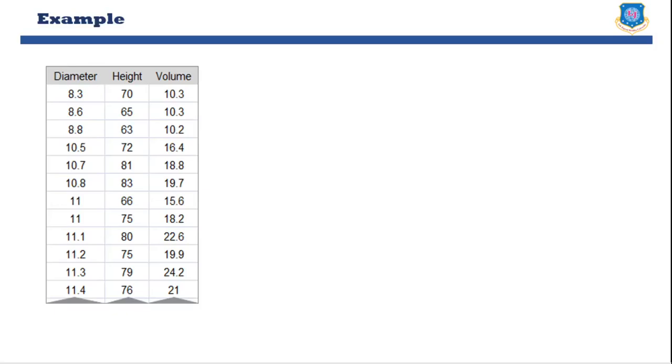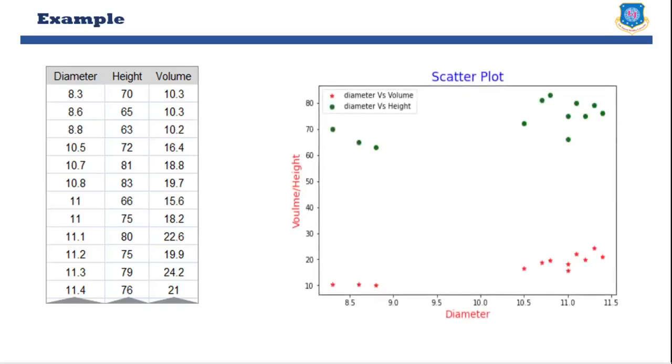And these all three variables are dependent on each other, and I can make 100 records for three columns, diameter, height, and volume, and with the help of that I can draw a scatter plot that looks like this. You can see that in the x-axis there is a diameter and in the y-axis there is a volume and height.